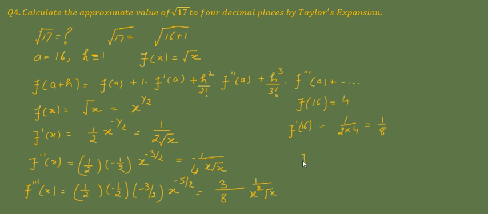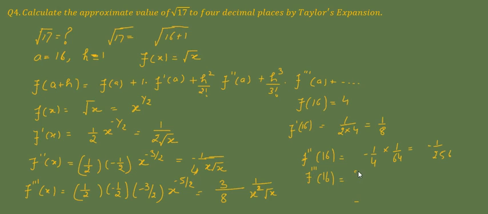Now compute the second derivative at 16, that will be minus 1 by 4, put x is 16 and this is root 16, so it will be 16 into 4, 64, and multiplied by 4, that will be minus 1 by 256.